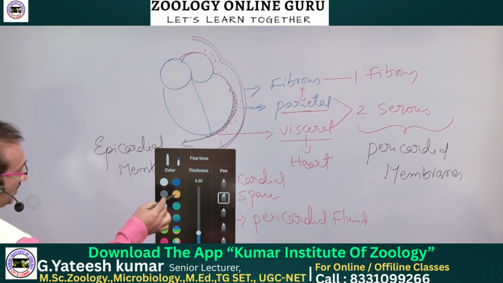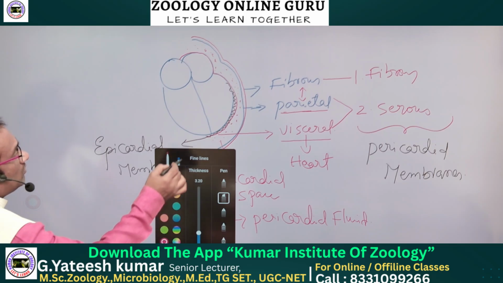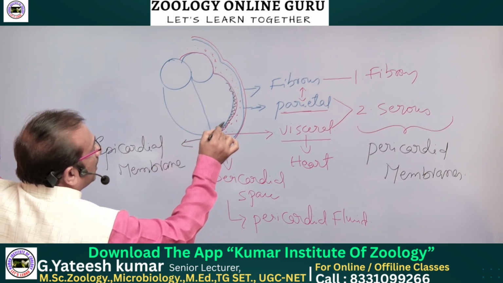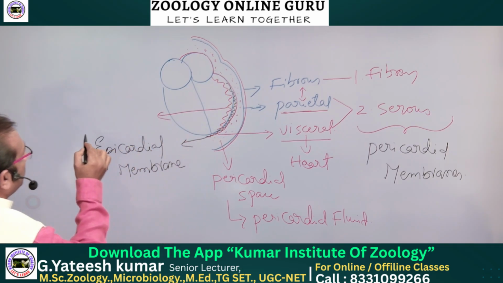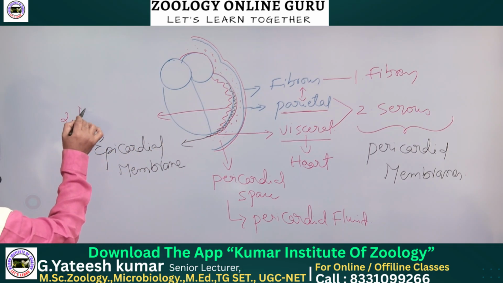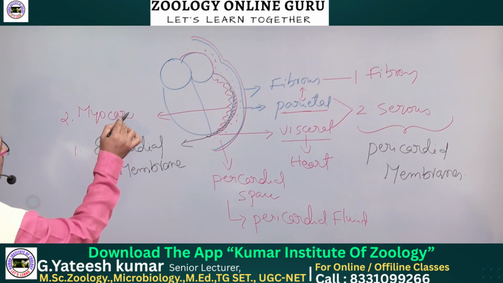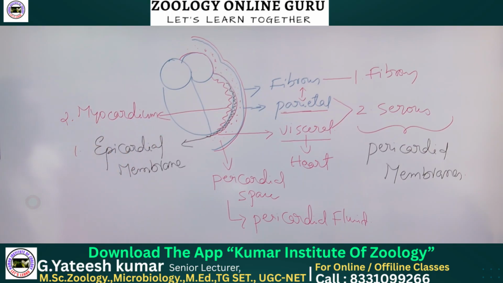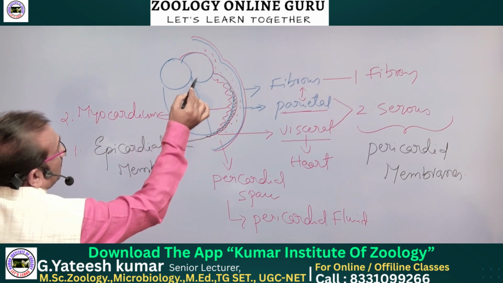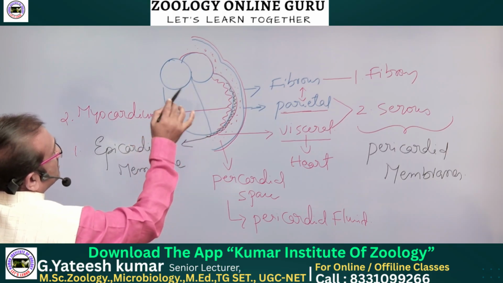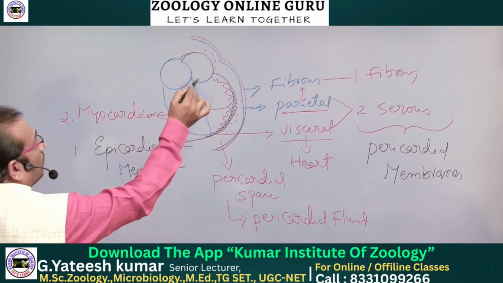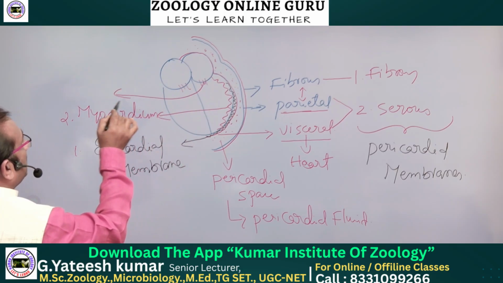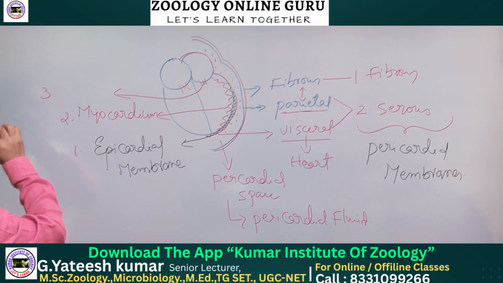When we go deeper into the heart, the middle layer is called the myocardium. And the layer inside the heart which forms the valves and surrounding layers inside the heart, the third layer, is known as the endocardium.